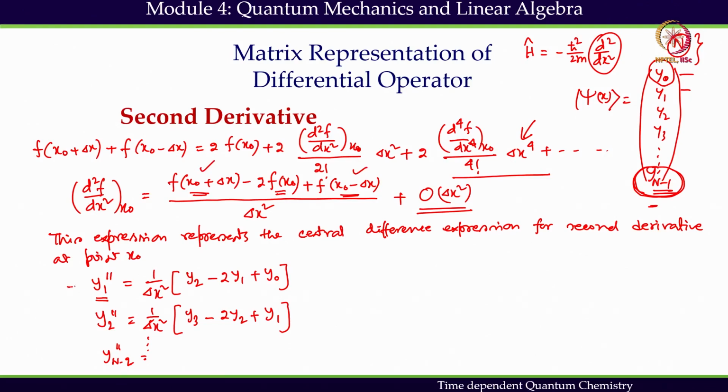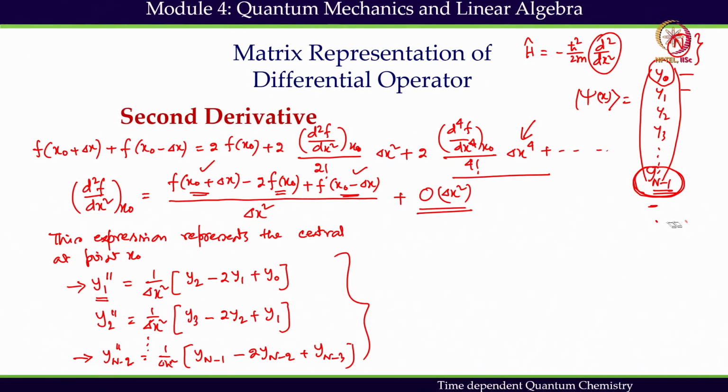So I start with y1 and end with y n minus 2, where I can write 1 over delta x square, then the function value one step forward, which is y n minus 1, minus 2 times the function value at that point y n minus 2, plus the function value one step backward, which is y n minus 3. That's the way we will get this. Now this set of equations can be very easily represented with the help of matrix representation.